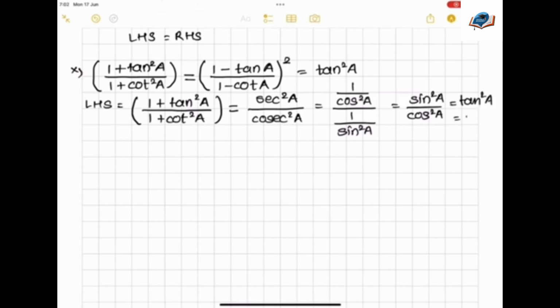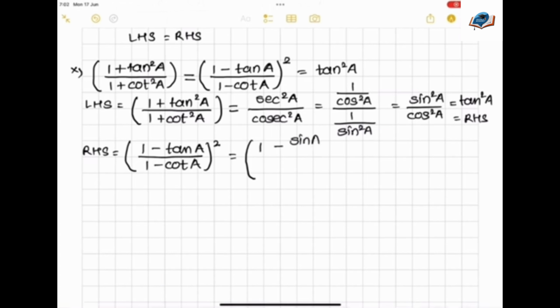Now let us prove the second one. (1 minus tan A upon 1 minus cot A) whole square. So that will be equal to (1 minus sin A upon cos A) whole upon (1 minus cos A upon sin A) whole square.